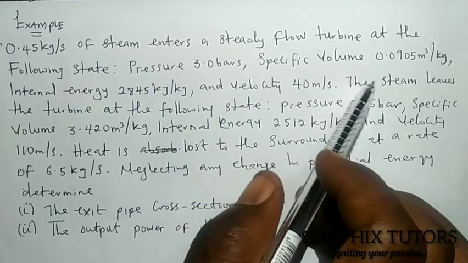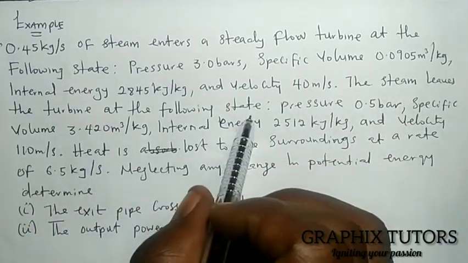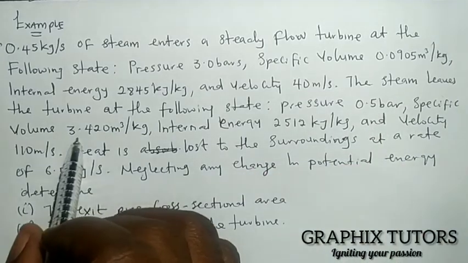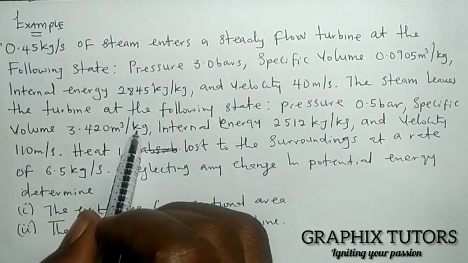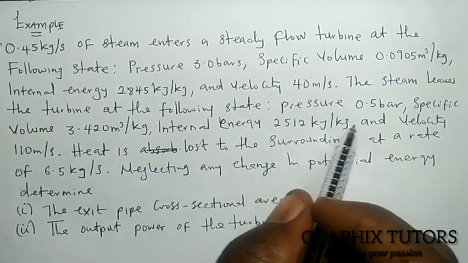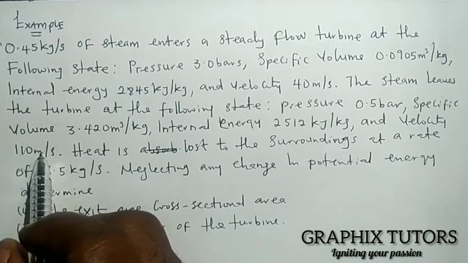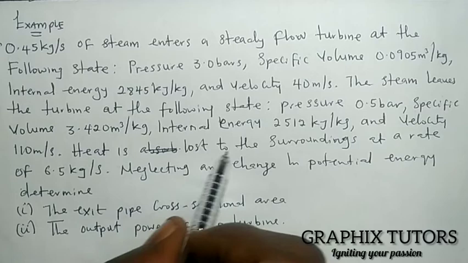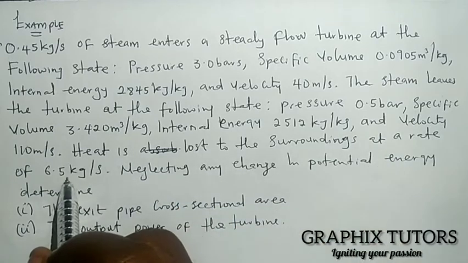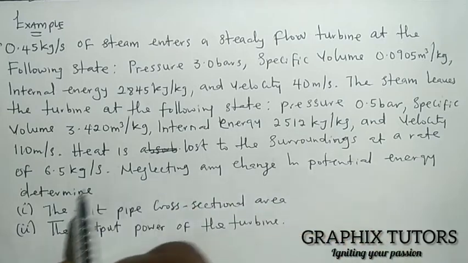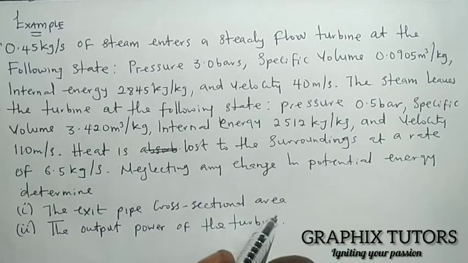The steam leaves the turbine at the following states: pressure 0.5 bar, specific volume 3.420 meter cube per kilogram, internal energy 2512 kilojoule per kilogram, and velocity 110 meter per second. Heat is lost to the surroundings at a rate of 6.5 kilojoule per second, neglecting any change in potential energy. Determine the exit pipe cross-sectional area and the output power.